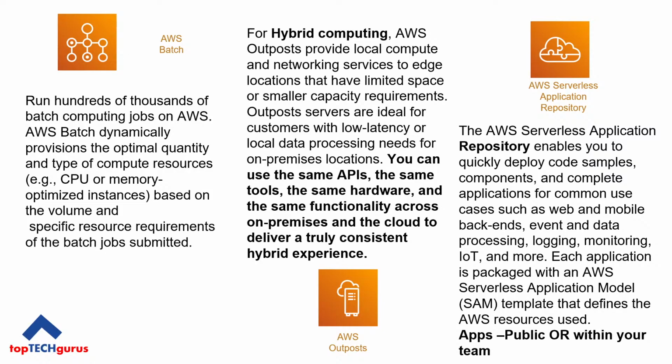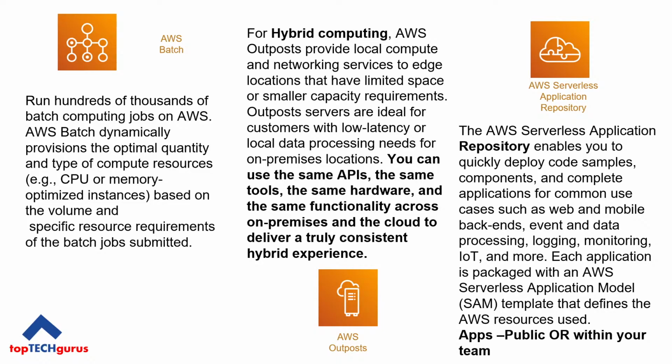Those Outpost servers let you use the same APIs that you use at AWS, the same CLIs, the same kind of hardware, the same functionality. So it helps your hybrid experience come much closer with AWS.